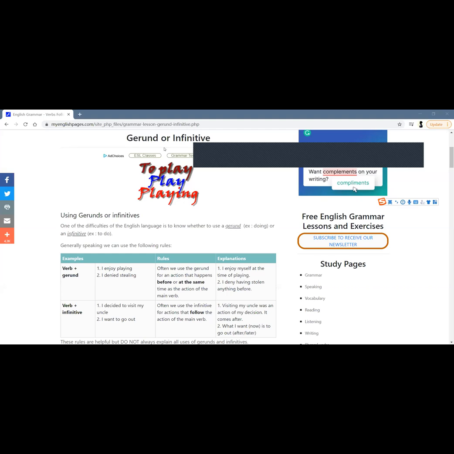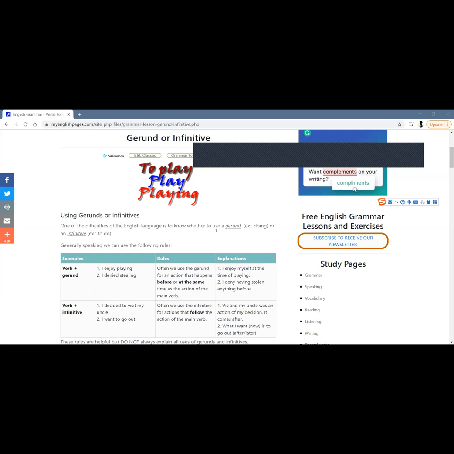Infinitive. So what is gerund? It means like the present continuous, what you are doing now. It emphasizes a current situation.